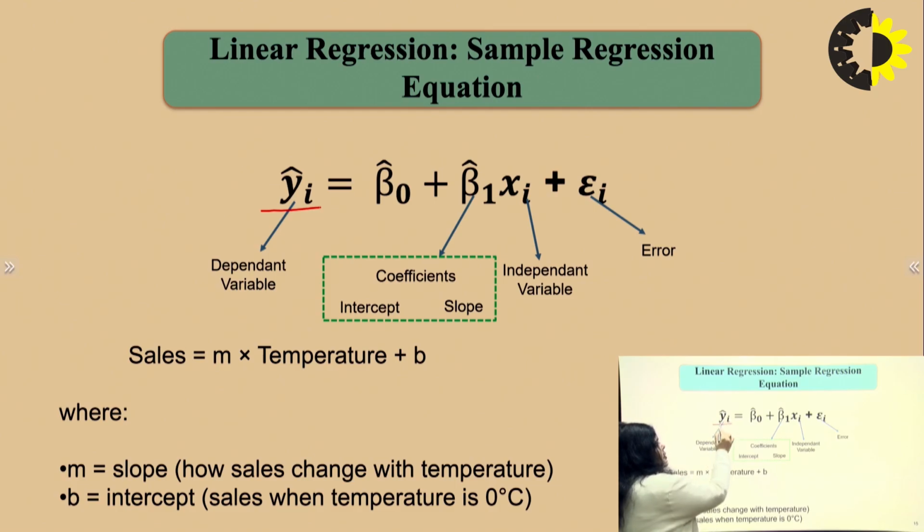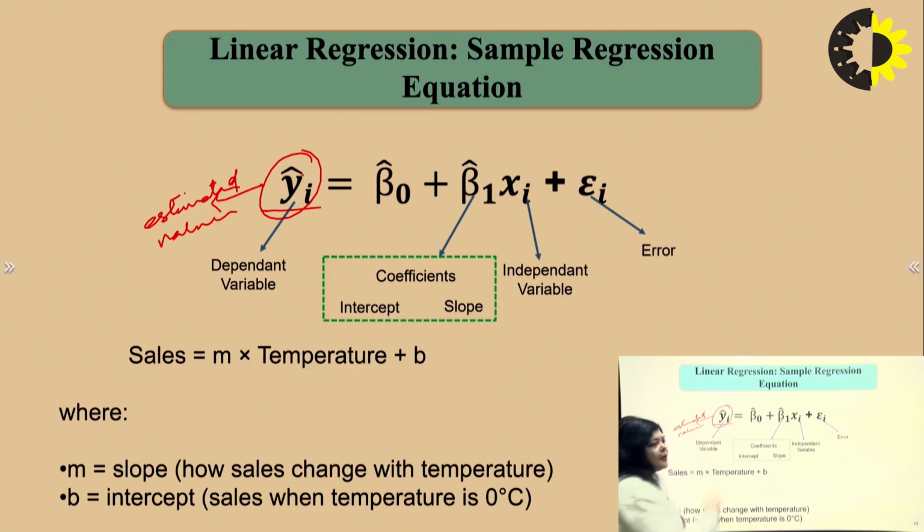For example, now we have yi hat, and this yi hat is nothing but the estimated value, or estimate, for my dependent variable, right? Similarly, xi is my independent input variable, and I am estimating the value of yi from this small fragment.